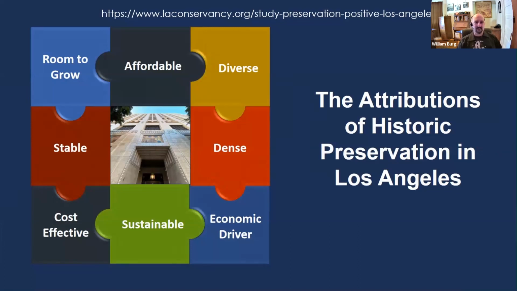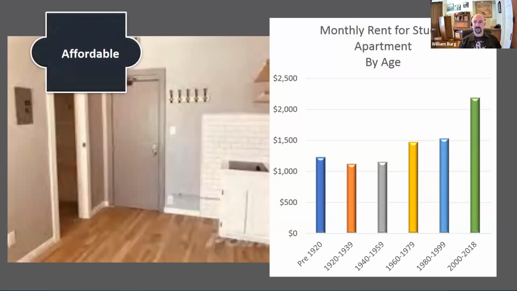But they hired Donovan Rypkema, who is a preservation economist, to look at the city of LA. And the city of LA did a project called SurveyLA, where they surveyed every single building in Los Angeles built since 1980 to figure out which ones were historic and which ones were not. And so they could have a really good baseline for the effects of historic preservation on the economics of housing.